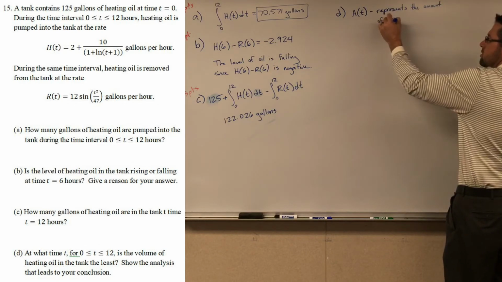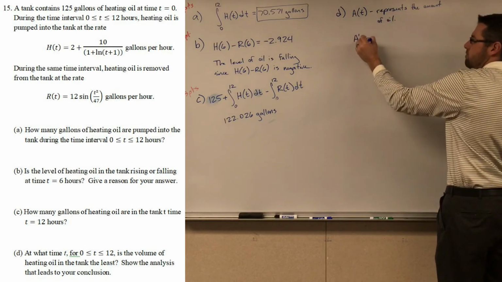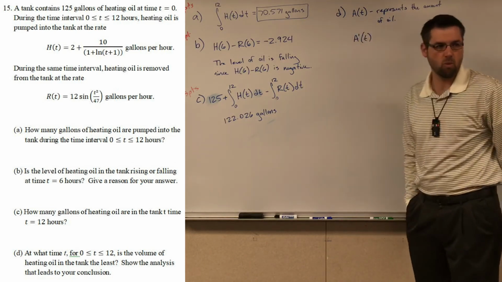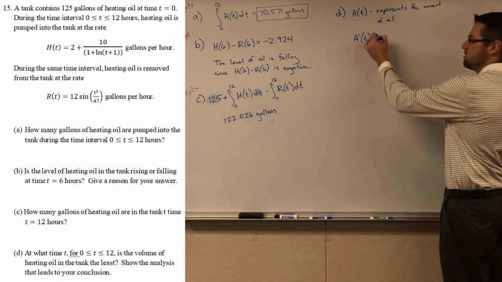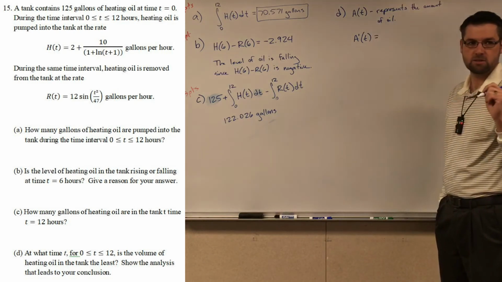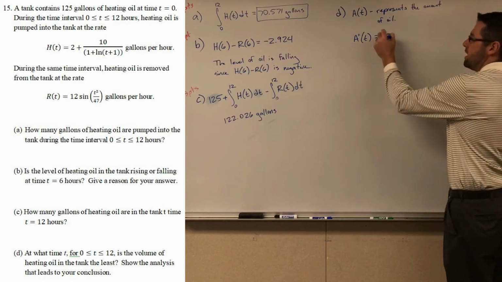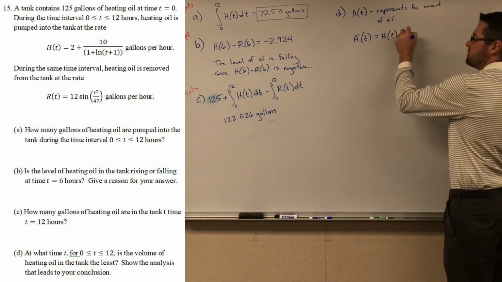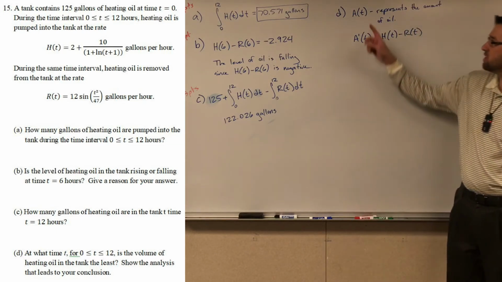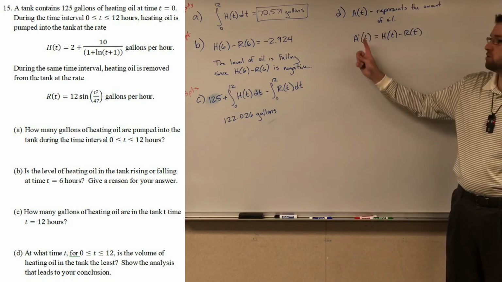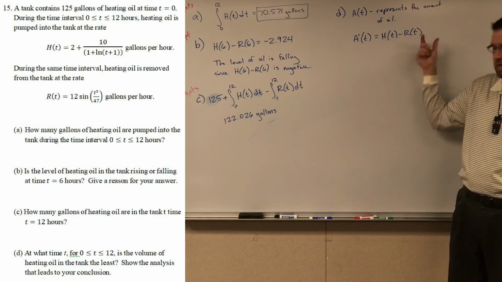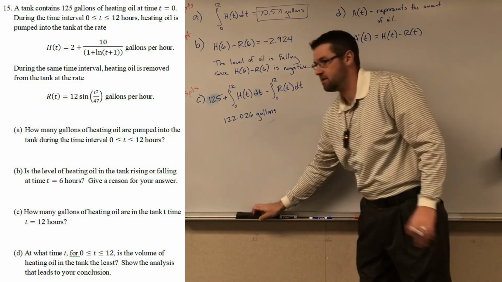So therefore we would say A prime of t is the rate of oil. What would that equation be? A prime of t equals H of t minus R of t. Are you guys okay with this? So this is the amount of oil. The rate, A prime, is equal to the rate in minus the rate out. Now you don't have to label all of it that way.